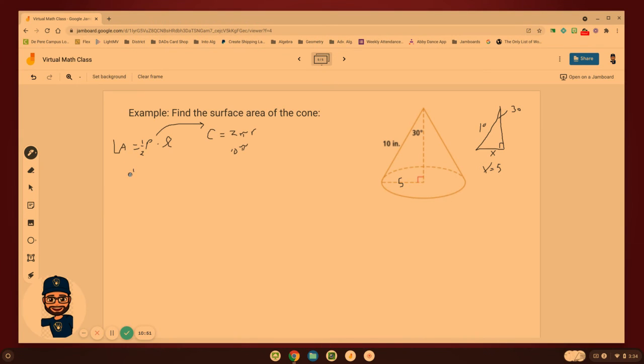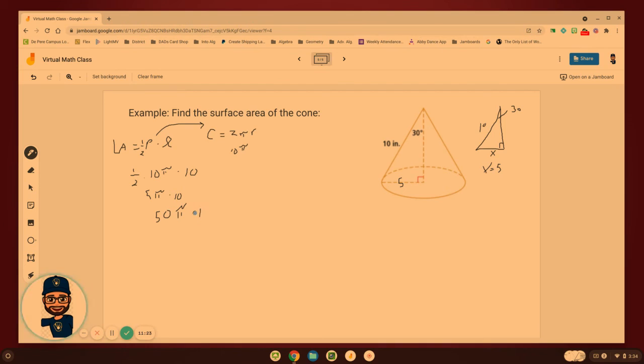So we get 1/2 times 10 pi times L. What's the slant height of the cone? It's 10, the outside, times 10. 1/2 of 10 is 5 pi. 5 pi times 10 is 50 pi. So the lateral area, not the base, the cone part, is 50 pi.